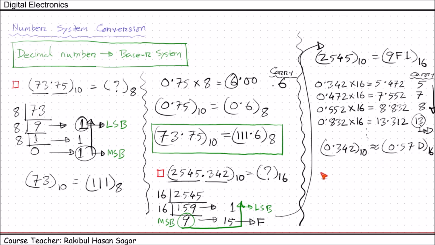So we can write 2545.342 decimal is equivalent to 9F1.57D. We can write some dots here. We can have some more values in hexadecimal.